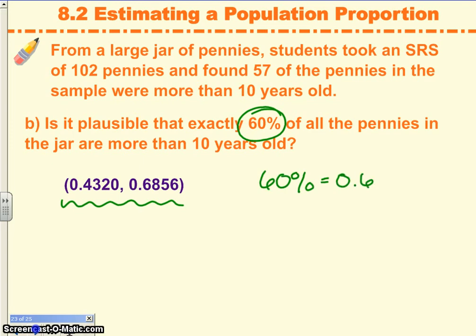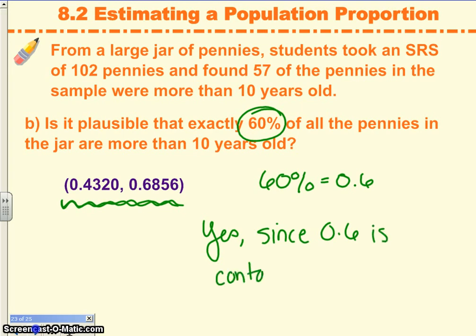Is 0.6 in our interval? Sure. So yes. Since 0.6 is contained in the interval, it is a plausible value.